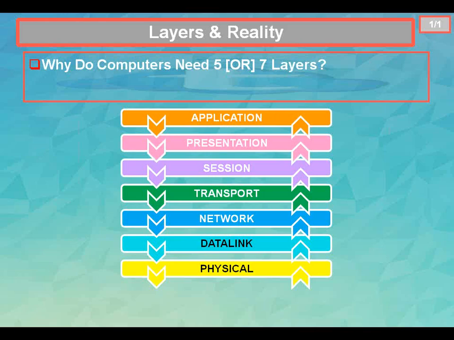Let me explain one more point before I ask you this question once again. Except for your physical layer, the rest of the layers are software based. They are all software. Only the physical layer is half software, to have those Manchester encoding rules, which is software.